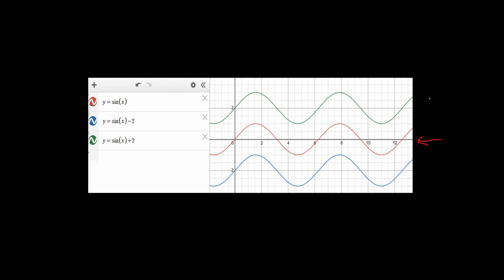The green line is when we add. Adding a number moves it up. The blue line is what happens when we subtract a number, so the blue line subtracts minus 2. So again, adding a number to the function will move it up. Subtracting a number from a function will move it down.